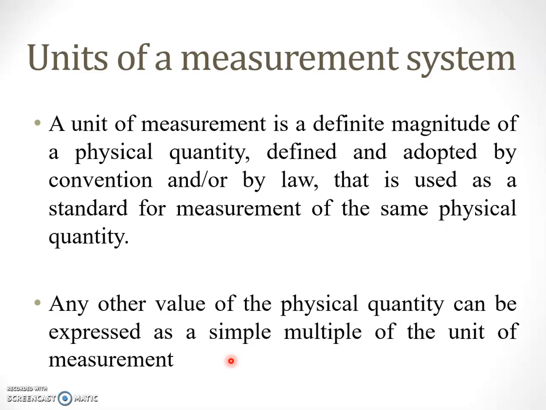So we can say 2 meter length, 3 meter length, or 1.5 meter length. So a unit is a definite magnitude of physical quantity which is predefined and adopted by convention or by law.